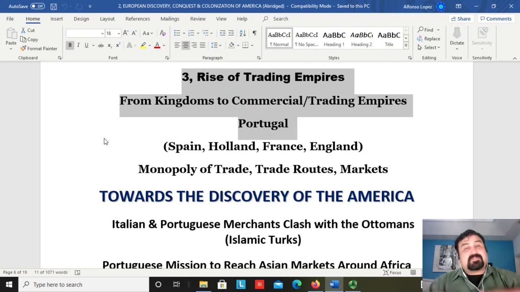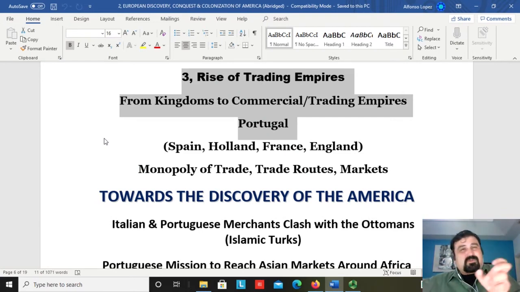But now the monarchies of Europe, certain kingdoms, realized that there was an alternative source of revenue that could make the kingdom grow. And that alternative source of revenue that could bring far more wealth, more money into the treasury, and make the kingdom grow economically, was trade.